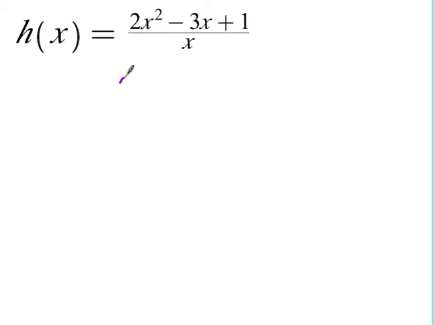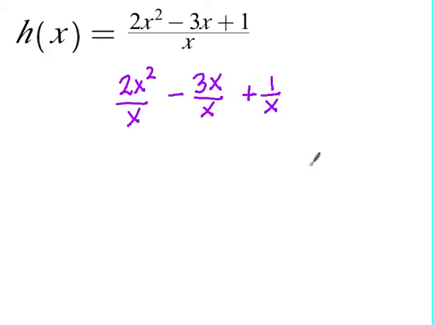The best way to do that, and I'm going to write this out the long way, is dividing each term by x. You can't just divide one, you've got to divide all 3. So by dividing the first one, I get 2x. Dividing the second one, what do you get? And the last one I'm going to write as x to the -1.